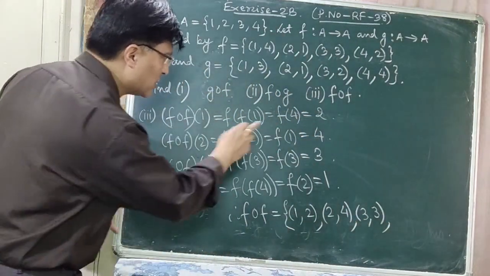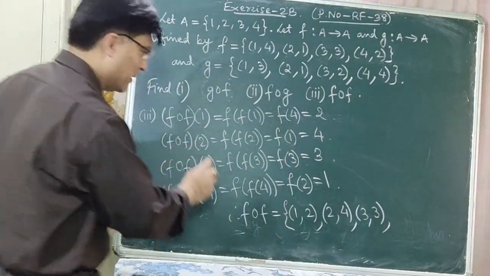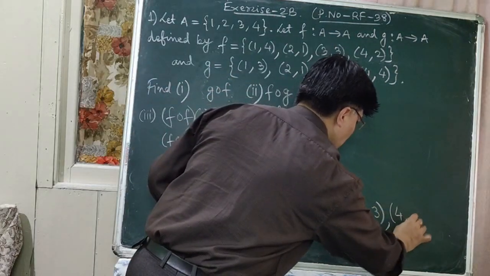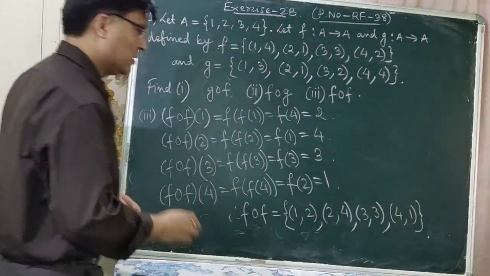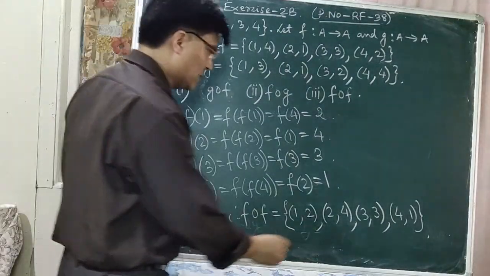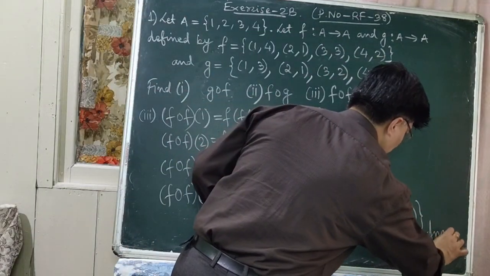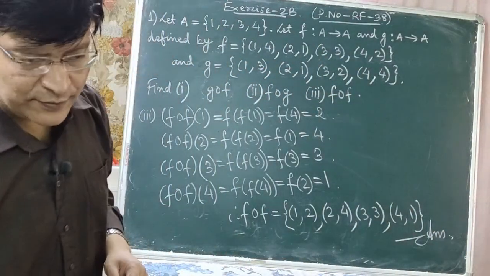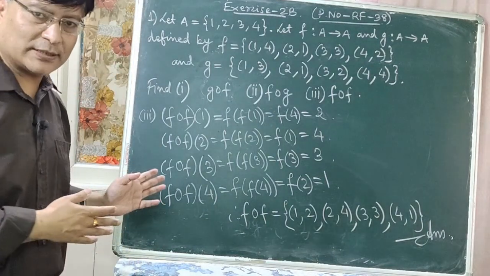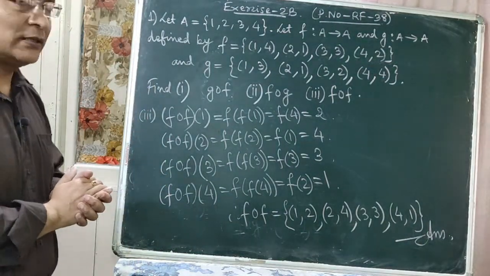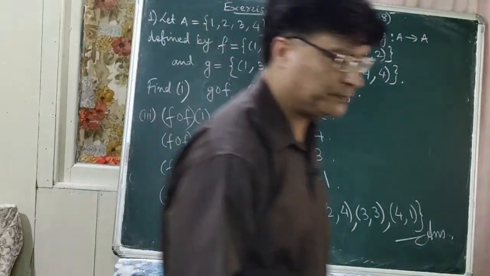And this 4 is related with 1 under f, right? So this is 4 comma 1. So this is the final answer. So I think you have understood it. Okay, so you can copy it. Now we'll do the next question.